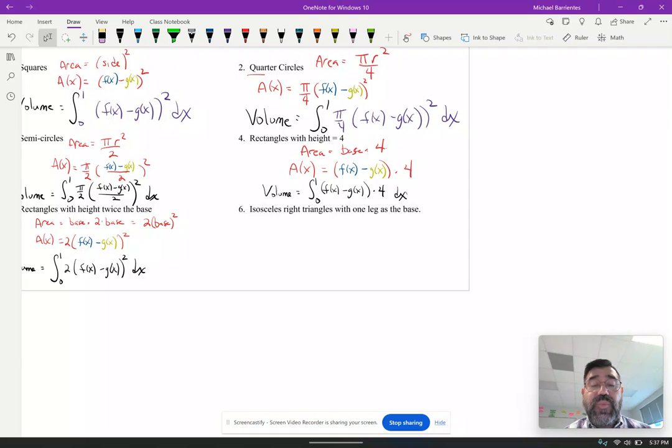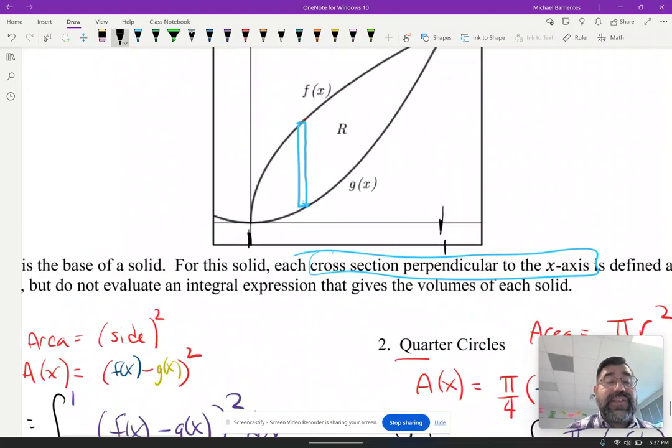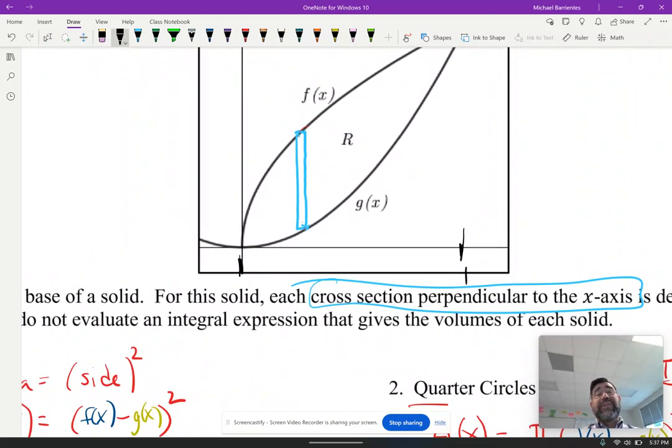And then finally, we get to number 6. Isosceles right triangles with one leg as the base. So I'm going to try to draw this. What do I know about an isosceles right triangle? Isosceles means the 2 legs have the same length. So if this is one of them, then the other one goes up, and the hypotenuse goes this way.